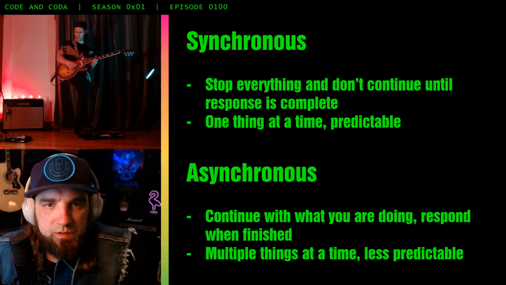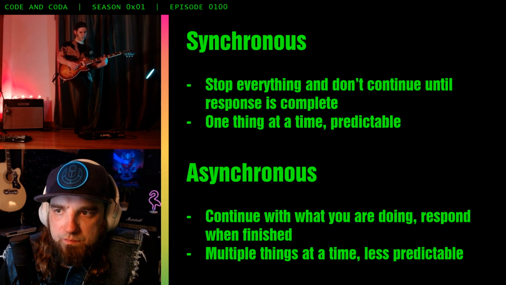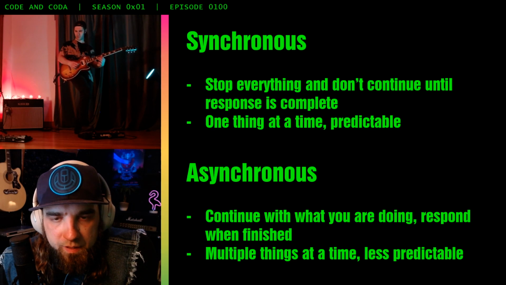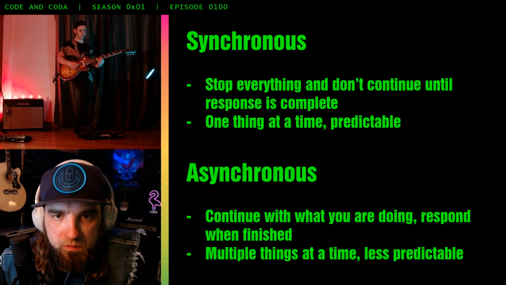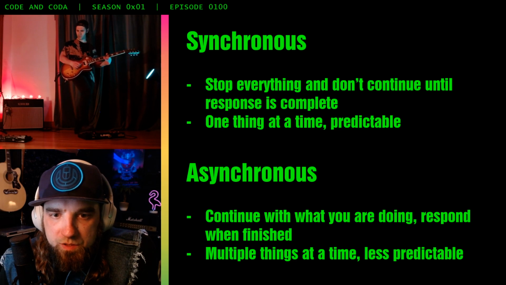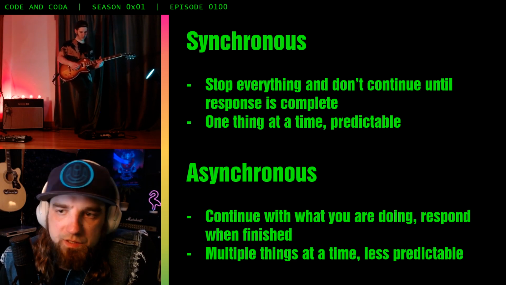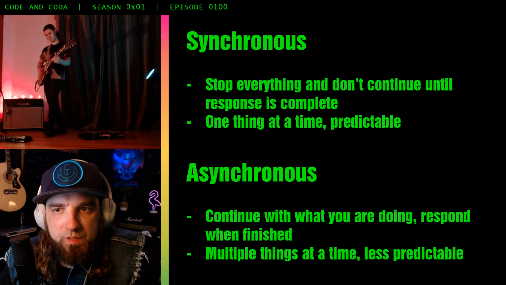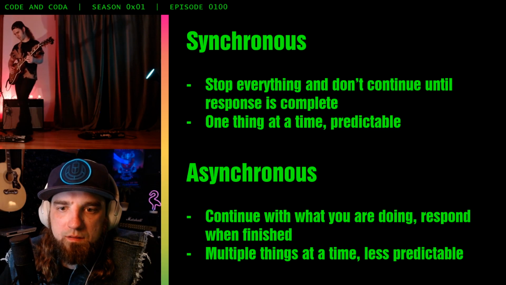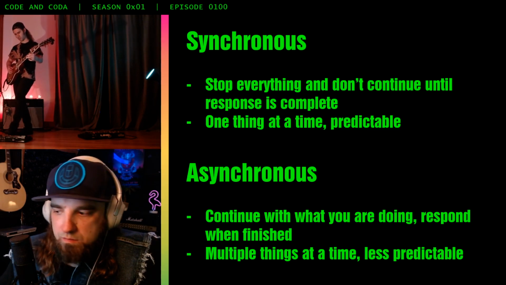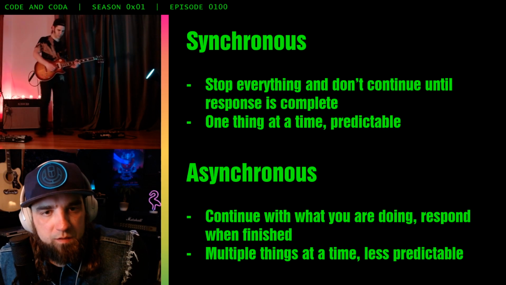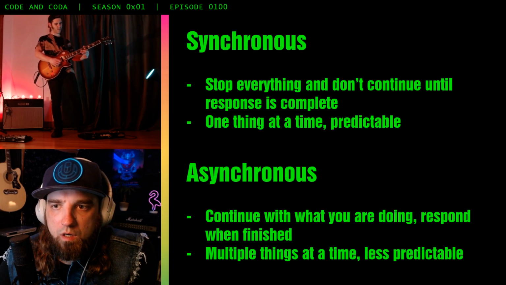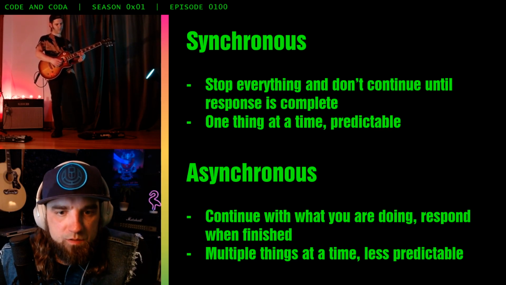And so, just to recap, synchronous functions run one after the other and are a little bit more predictable than an asynchronous function, which, while it allows you to continue with what you're doing, is a little bit less predictable because you don't necessarily know exactly when you will get a response. You can set things like timeouts and all that stuff, but that's a little bit more than what we will be doing for this web application.